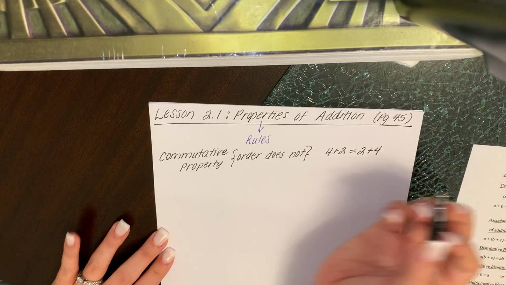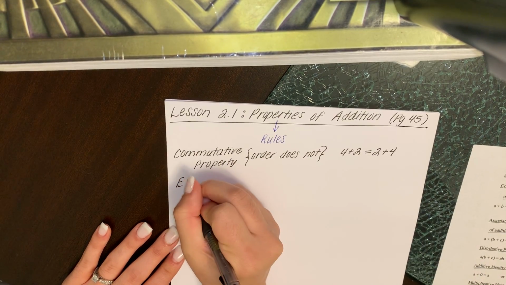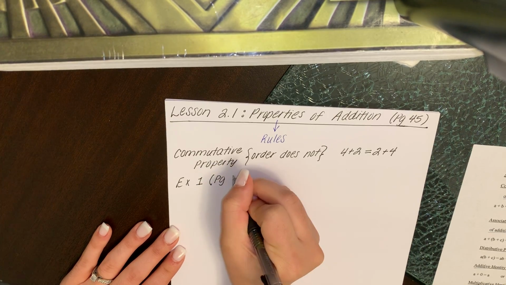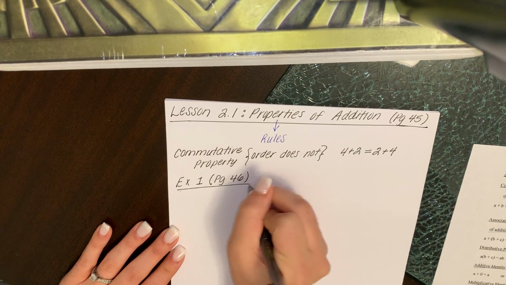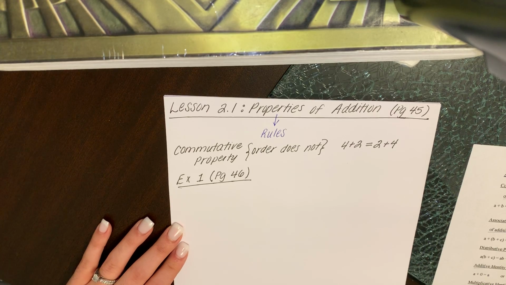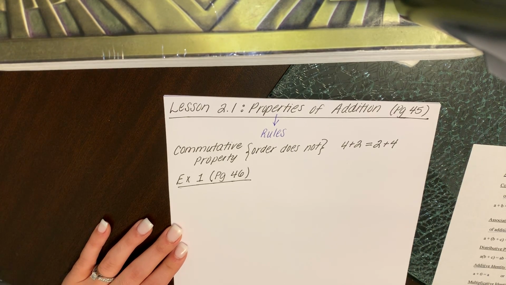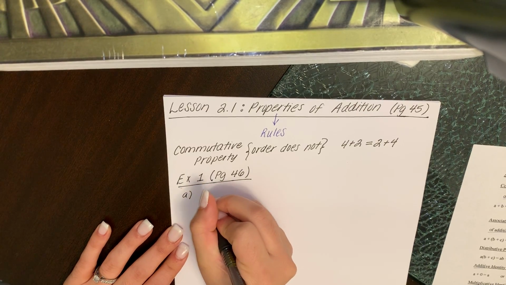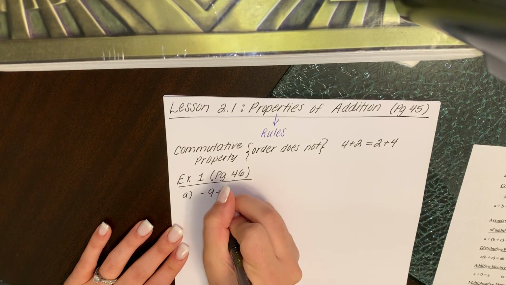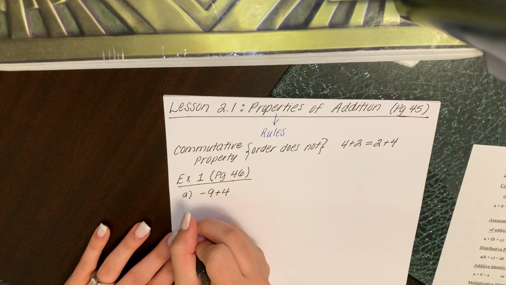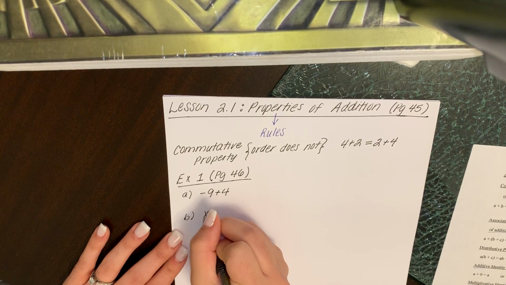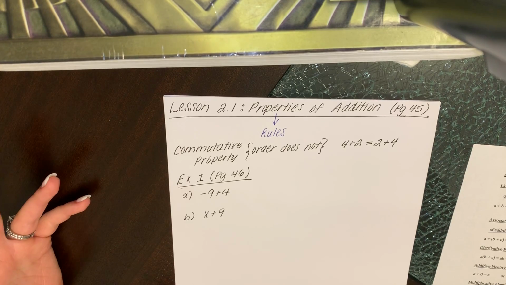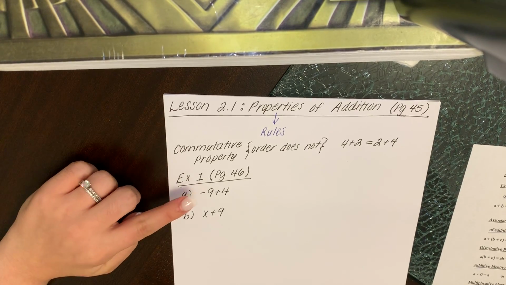And if you take a look at example 1 on page 46, you'll see what I'm talking about. They want you to represent parts A and B as commutative property. Part A says -9 plus 4, and part B says x plus 9. And they want you to show that the order really doesn't matter. So what do they mean by that?